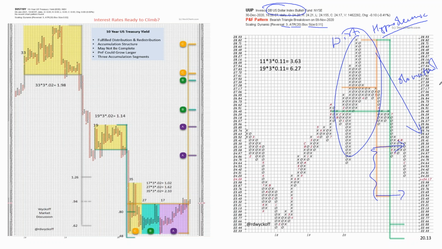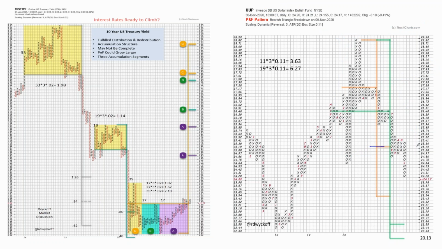I suspect, even though I think it could go potentially down to the lower end of this range, that we are pretty close to the decline in the dollar stopping for the time being, and that there could be some kind of a redistribution potentially for the larger distribution count, which goes even lower.